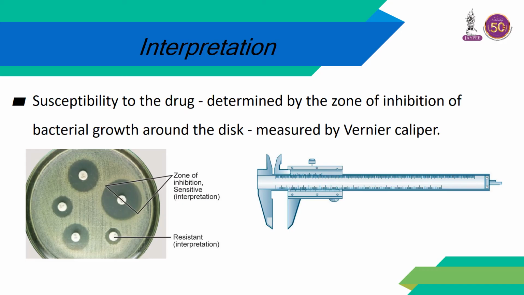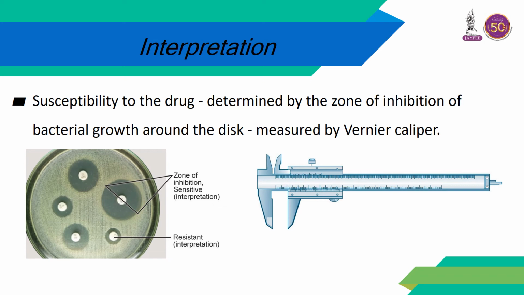Now once 24 hours are complete, we will get growth of the organism as shown in the picture, and we will also get a circular zone of various diameters. Now in this picture you are able to see 5 drugs have been applied.